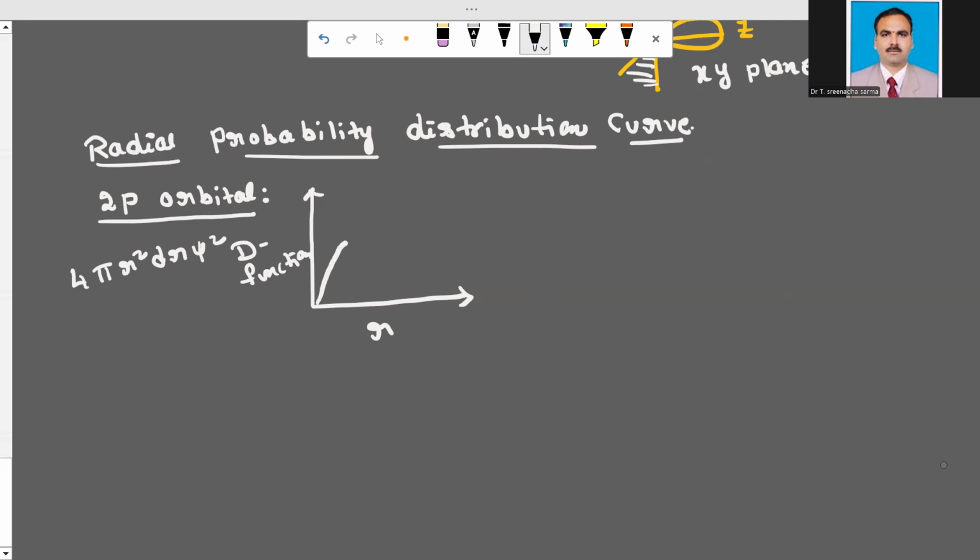You get a curve like this. In this position, the maximum electron probability is present. The distance is 2.1 angstrom units.